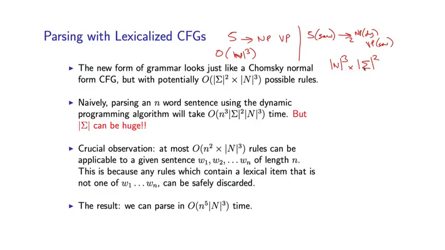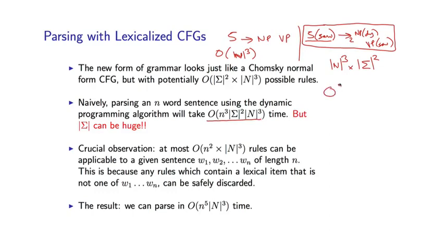So naively, you can just pick up the dynamic programming algorithm we saw for probabilistic context-free grammars and apply it to this new grammar. These rules are really just like regular context-free rules. We can just treat these as non-terminals. We just have a much larger set of non-terminals than we had before. But if you do this naively, you'll end up with the following running time.